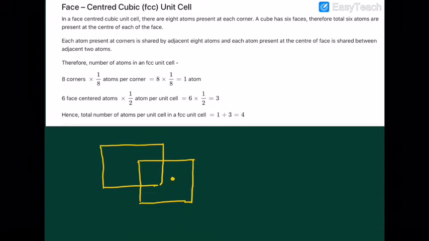So these are the centers of the faces. Counting 1, 2, 3, 4, 5, 6, there are 6 atoms at face centers, and the rest are at corners.